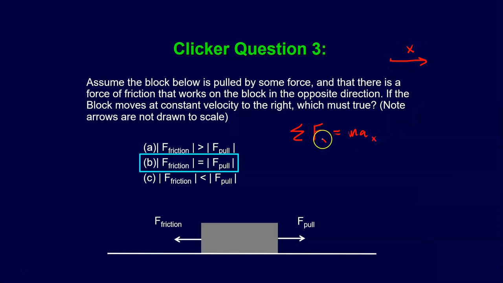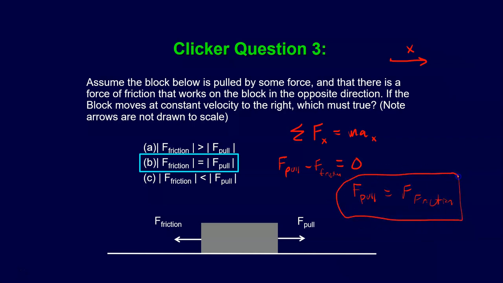And so this would technically be the force in the x direction and the acceleration in the x direction. Well, we know that that's 0 because there is no acceleration. And so that means the total forces have to equal 0. And so in one sense, what I could do is say, well, the total forces would be the positive force of the pull minus the force of the friction equals 0, which hopefully you can see implies that those two forces must be equal.